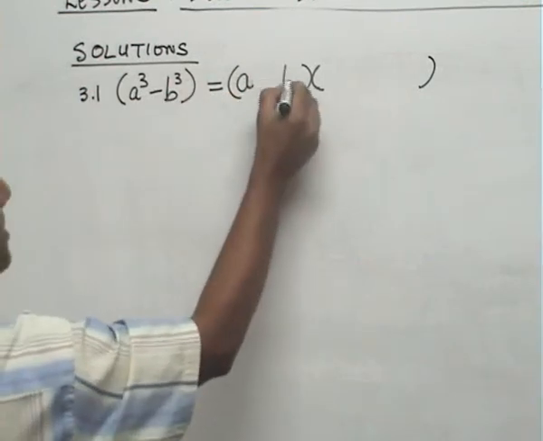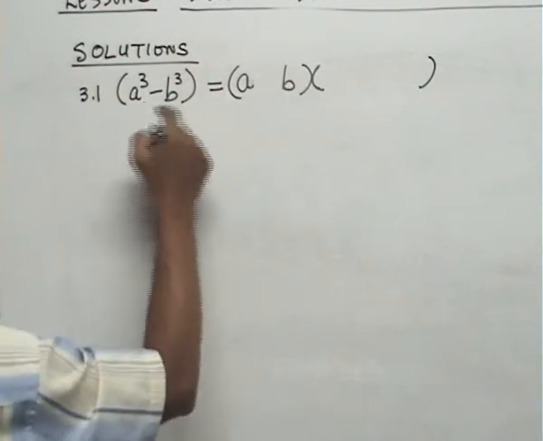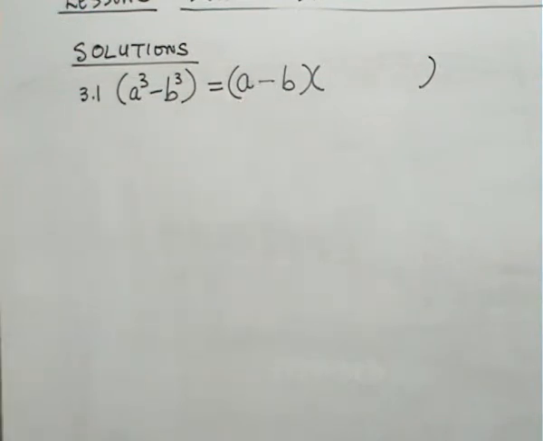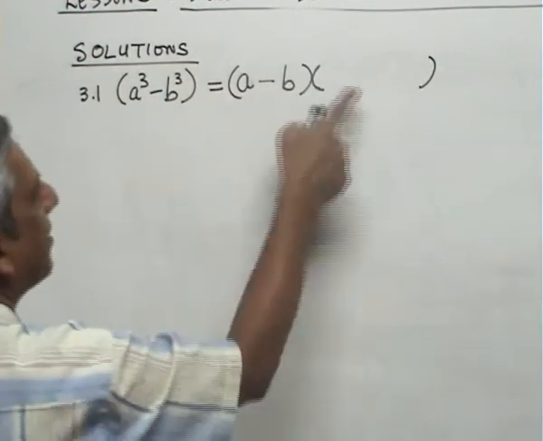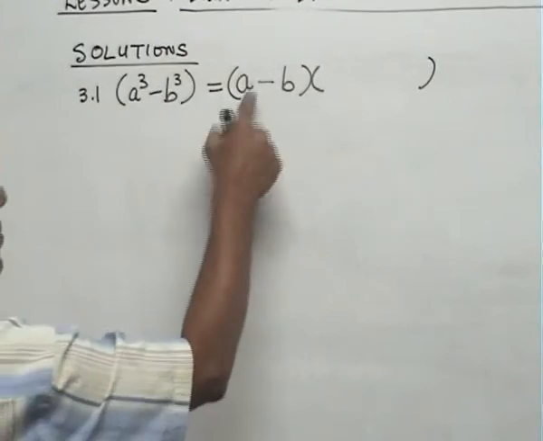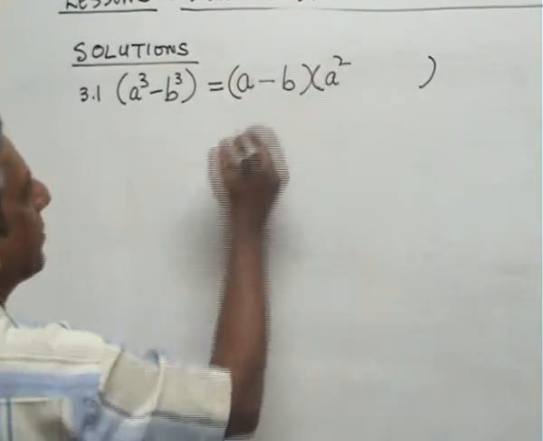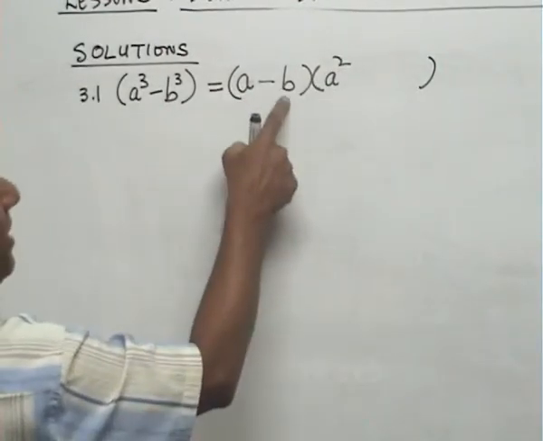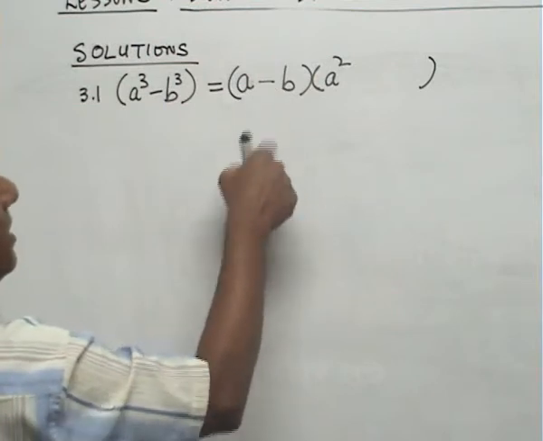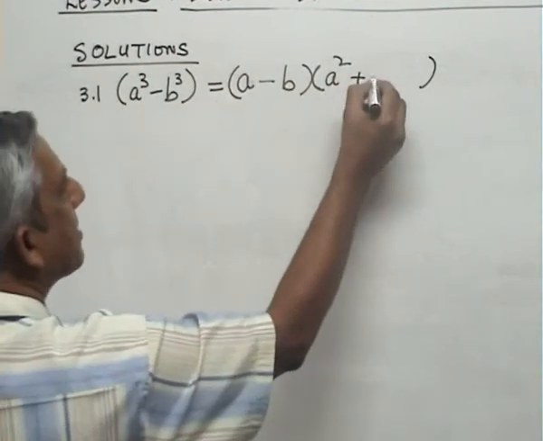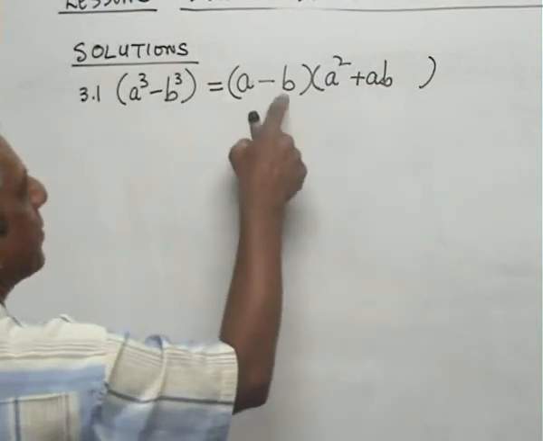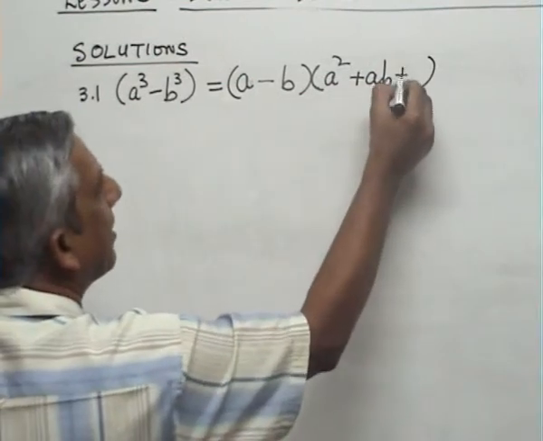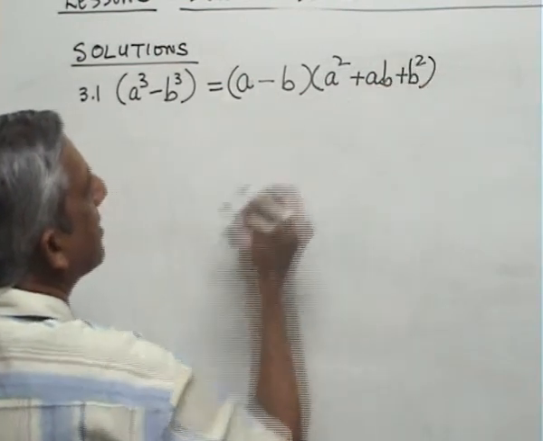Cube root of b cubed, b. Starts with a minus, therefore that will be minus. Then this bracket is going to give me that answer. Square the a, a squared. Multiply, minus ab, change the sign, plus ab. Square minus b, that will give you plus b squared.